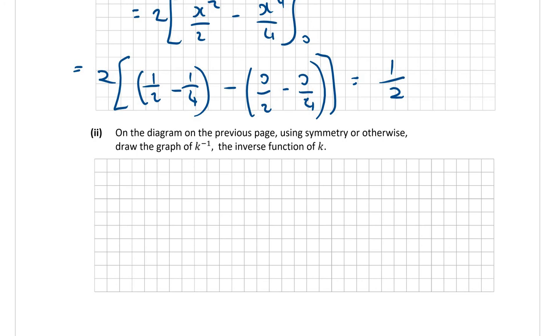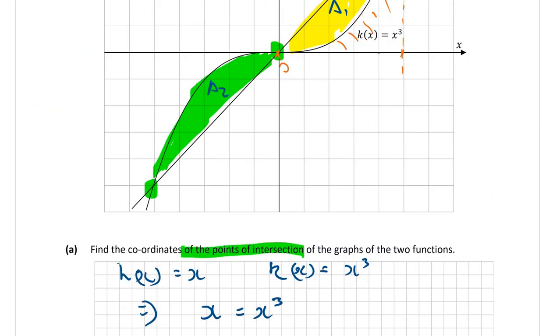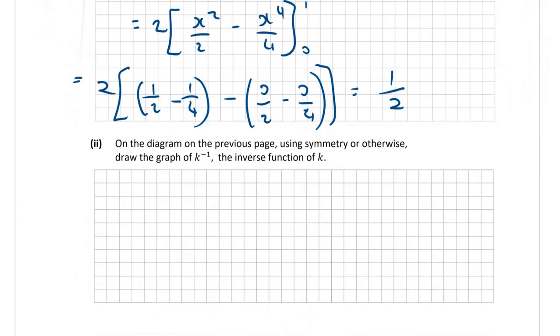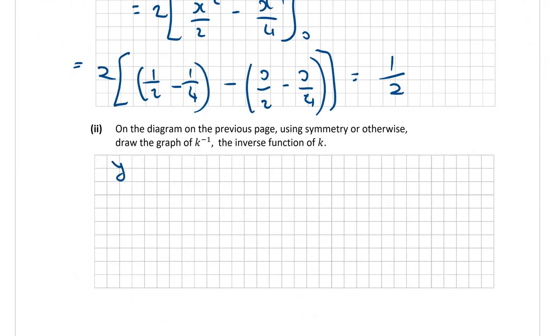Okay, so we can use symmetry to work this out, but it's going to look essentially like the opposite of that. But that function is y is equal to x cubed. What we do to work out the inverse of the function there is we isolate x.